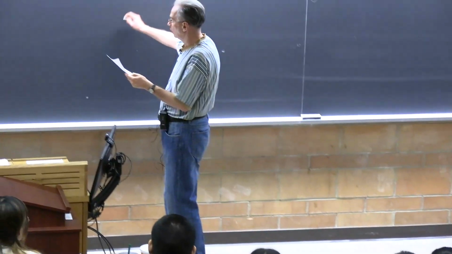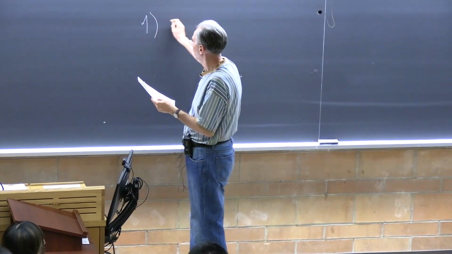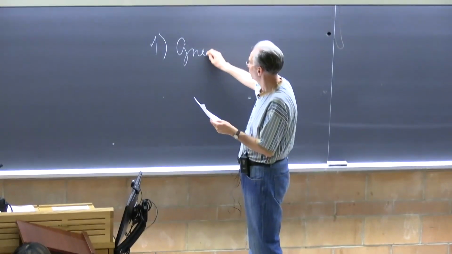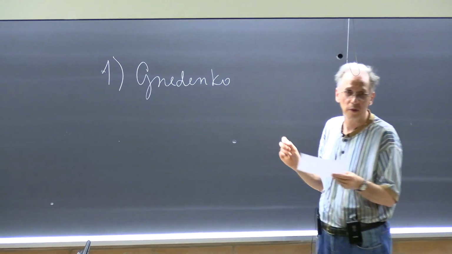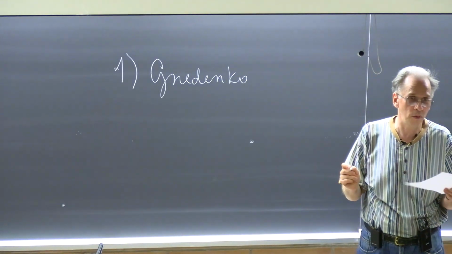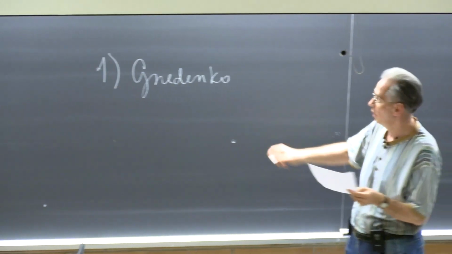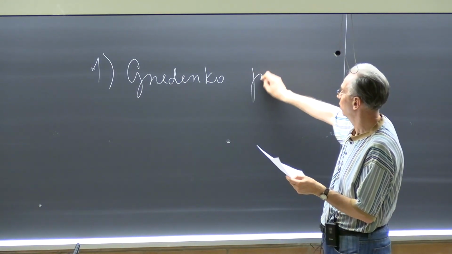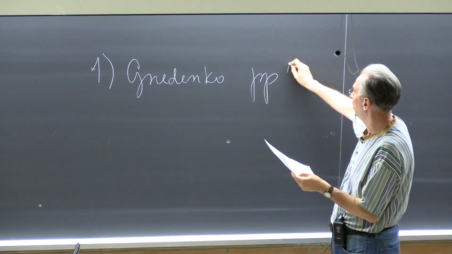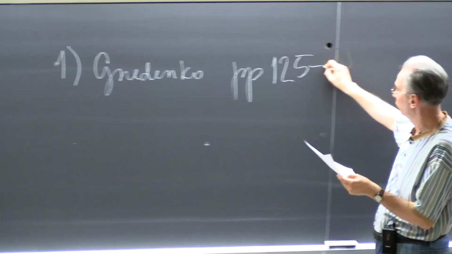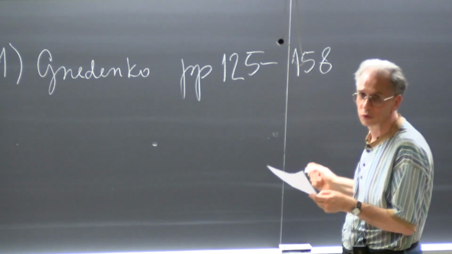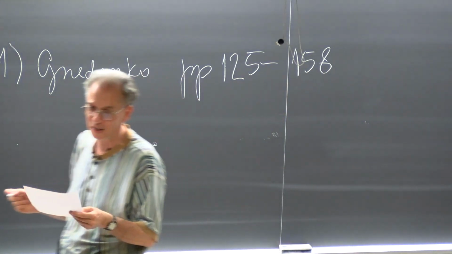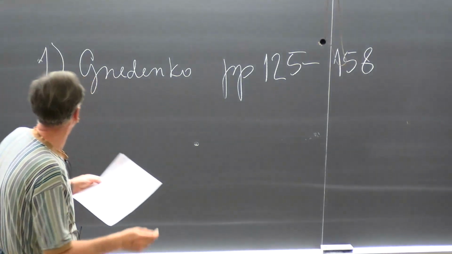First of all, Gnedenko's book has nice stuff with good examples. So look at pages 125 through 158, but there are also some exercises at the back of this chapter.